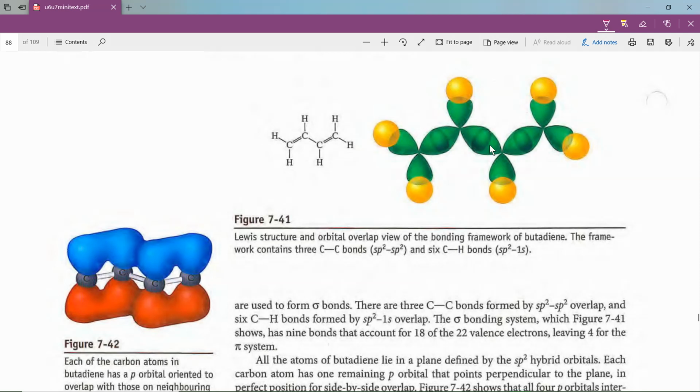This is the sigma framework of the carbons. They're all sp2 hybridized. So there's my sigma framework, 1, 2, 3, 4 carbons. And then I have my pi bonding, so you have these overlap above and below the plane of the 4 carbons.